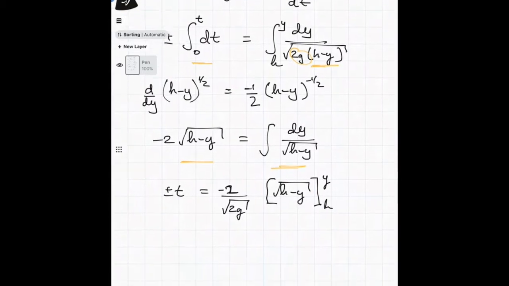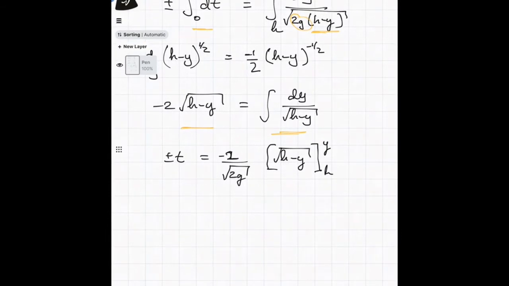Okay, so just evaluating those integration limits and simplifying the numerical factor, it's going to become plus or minus root g over 2 times t is equal to minus root (h minus y).